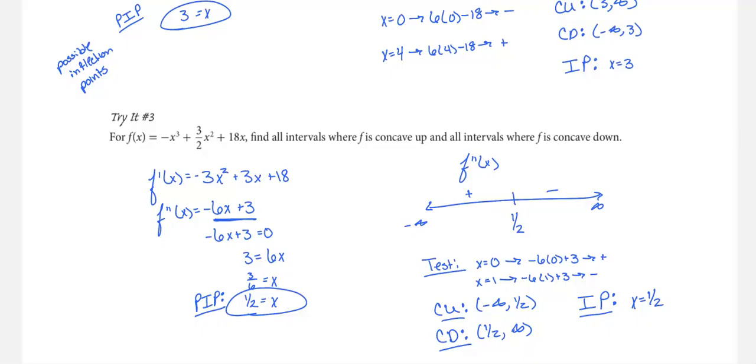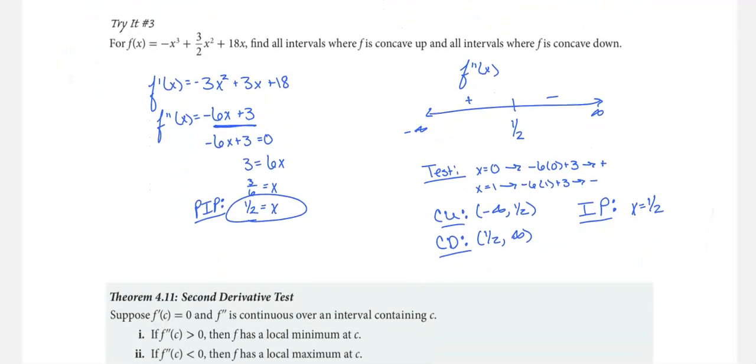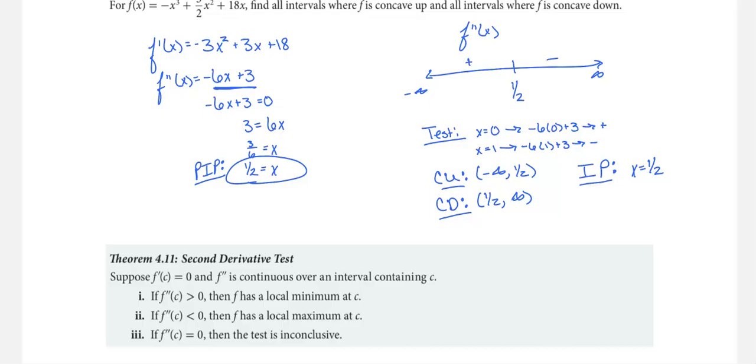So that's how we can use the second derivative to look at concavity. Now there's one more use for the second derivative, and this is the formal second derivative test. We can combine these ideas of concavity with the fact that if we have a min or max, it has to happen at a critical number.